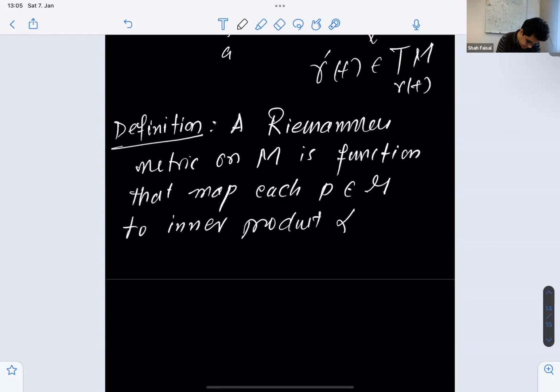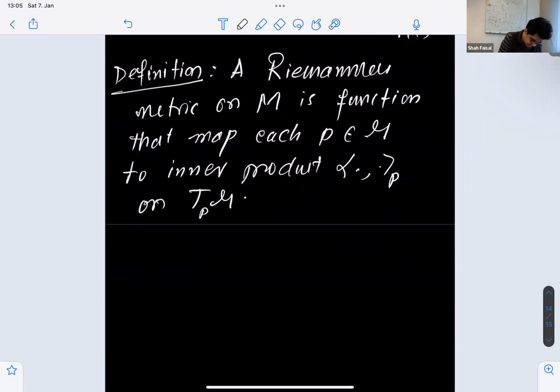It is denoted by g_p on the tangent space at p. So it is a function that assigns each point an inner product on the tangent space at that point.